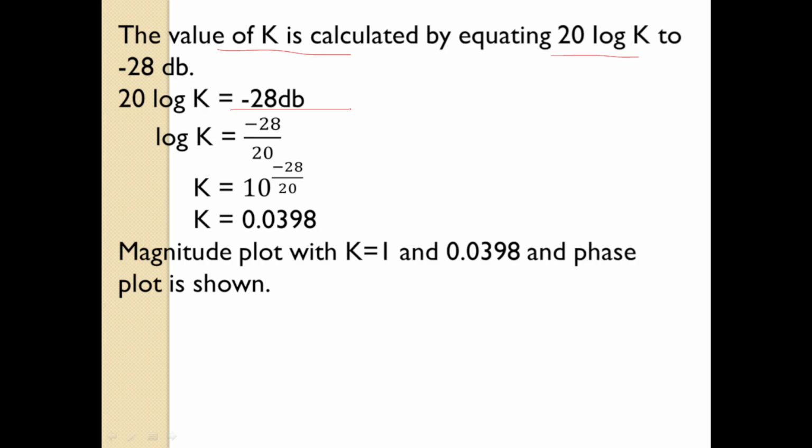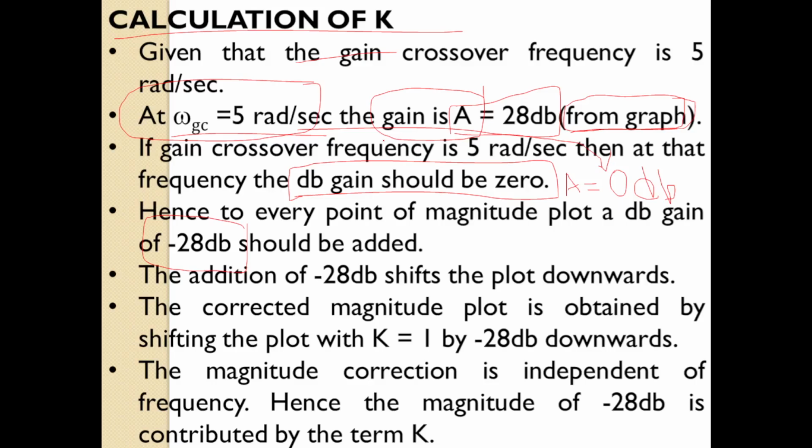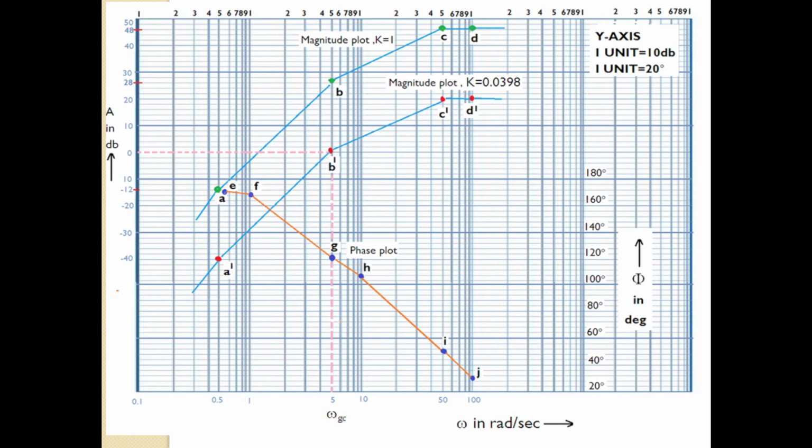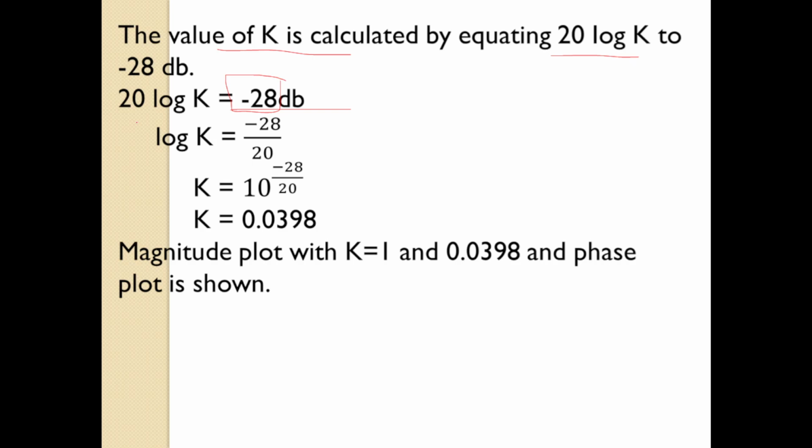Why minus 28? Because you have shifted the magnitude plot. At omega gc, A should always be 0. That's why you have shifted your whole magnitude plot by minus 28. That's why 20 log K should be equal to minus 28 decibels.